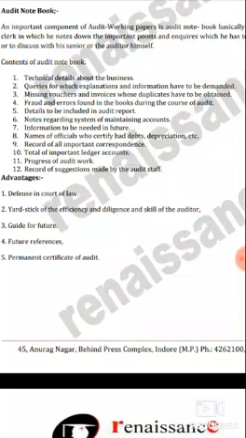And the details to be included in the audit report: they will write down what they have to write in the audit report, so those things will be noted in the audit notebook. And notes regarding the system of maintaining accounts: what kind of system they are following, whether the manual system or the computerized system. Those details will be written in the audit notebook.